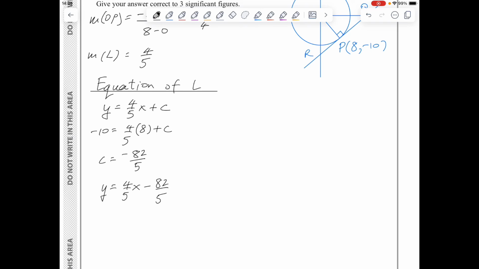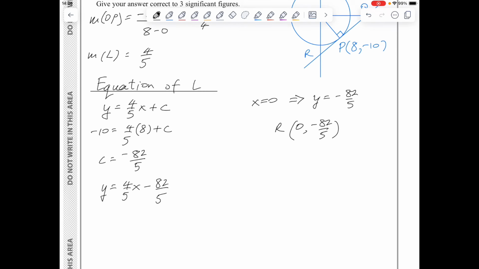Now I need to find the x and the y intercepts. When x is equal to 0, y comes out to be minus 82 over 5. Therefore, point R, which lies on the y-axis, has coordinates 0, minus 82 over 5.